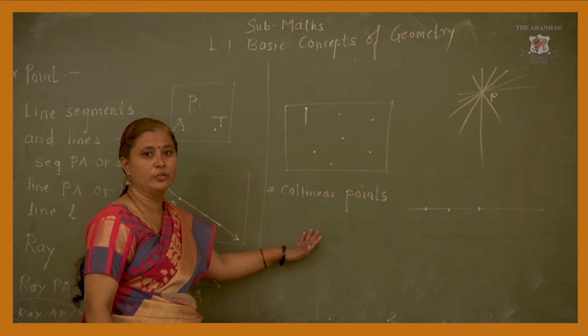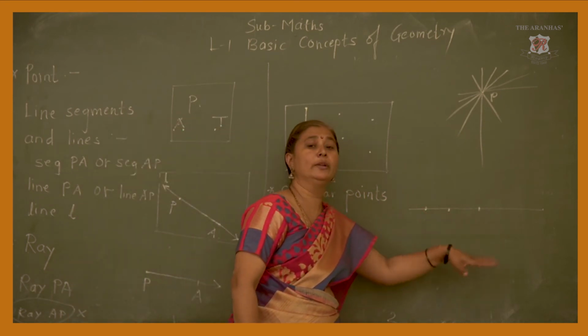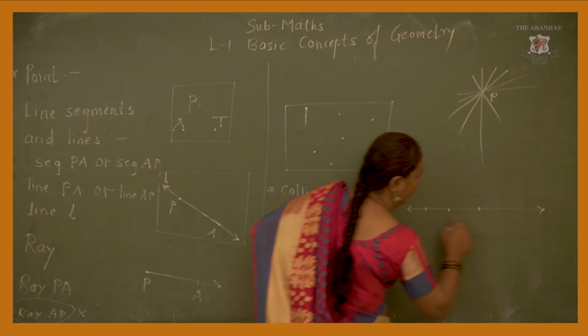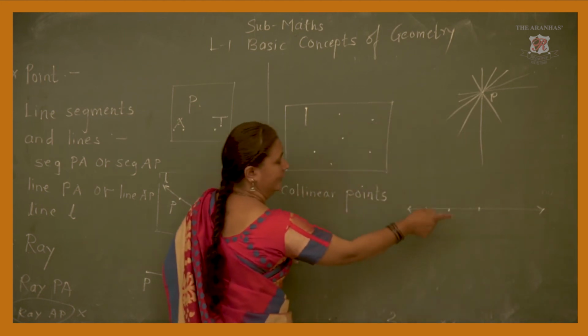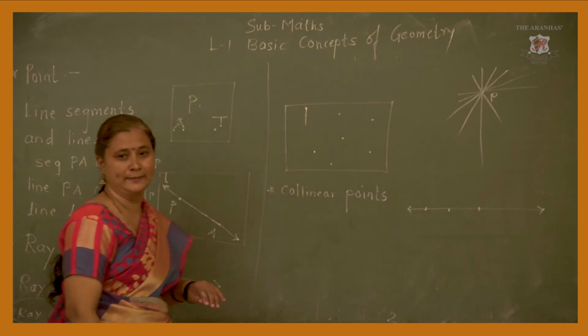What is the definition of collinear points? When 3 or more than 3 points lie on a straight line, then those points are called collinear points.